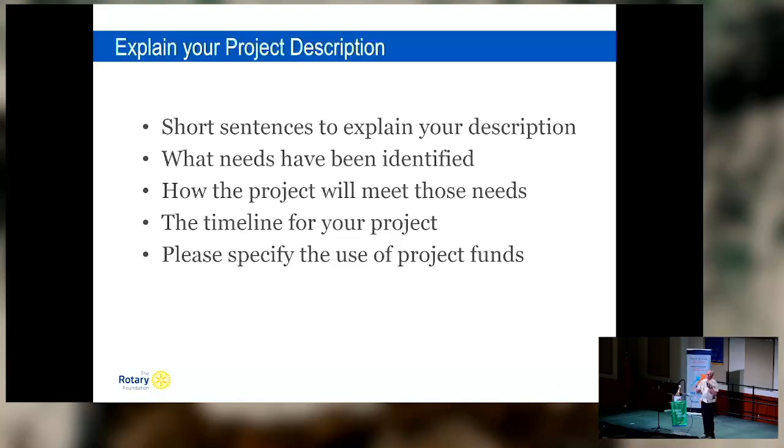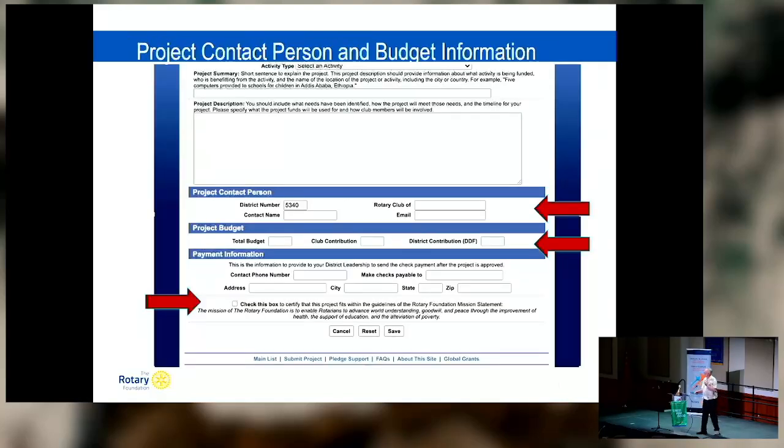Your project should be sized so that you can complete the spending and submit your reports within the appropriate Rotary year, ideally before April. So put your Rotary Club in, that's fairly straightforward.